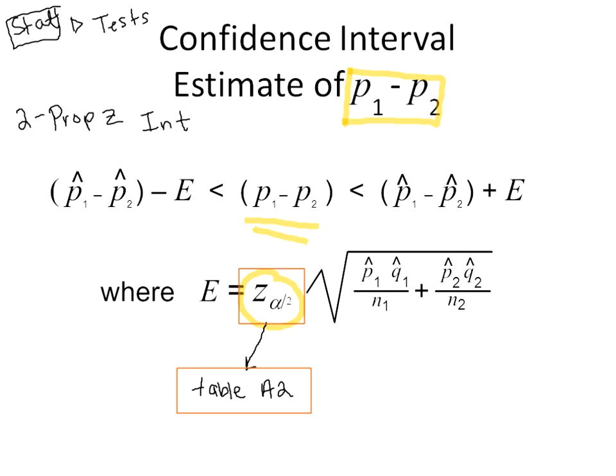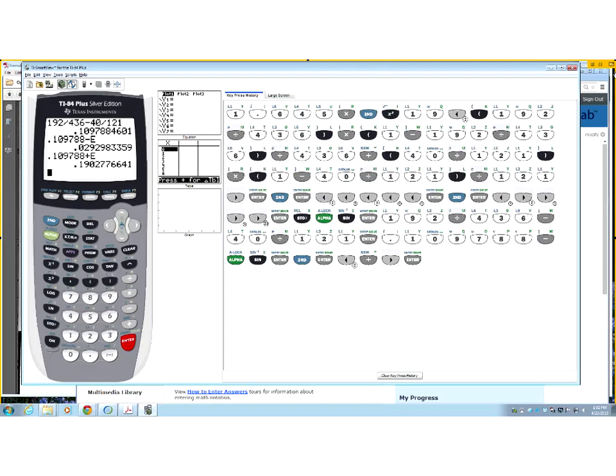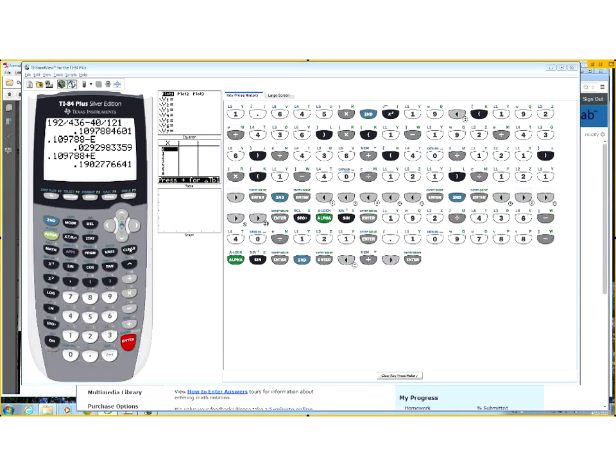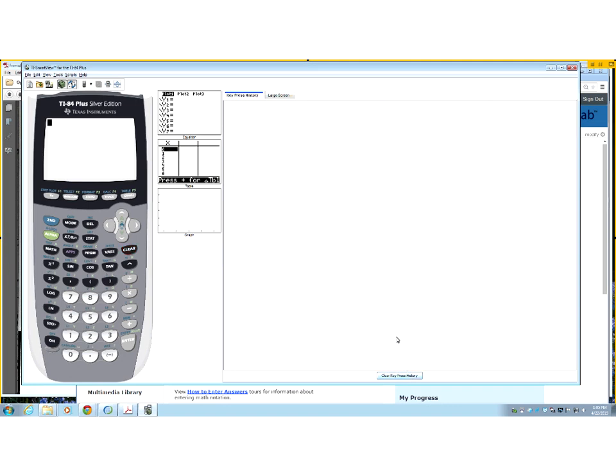So let's see if it works. So I'm going to take all this information here, and I'm going to clear what I have on the calculator here. All right, so this is how we would have the calculator construct the confidence interval for us.